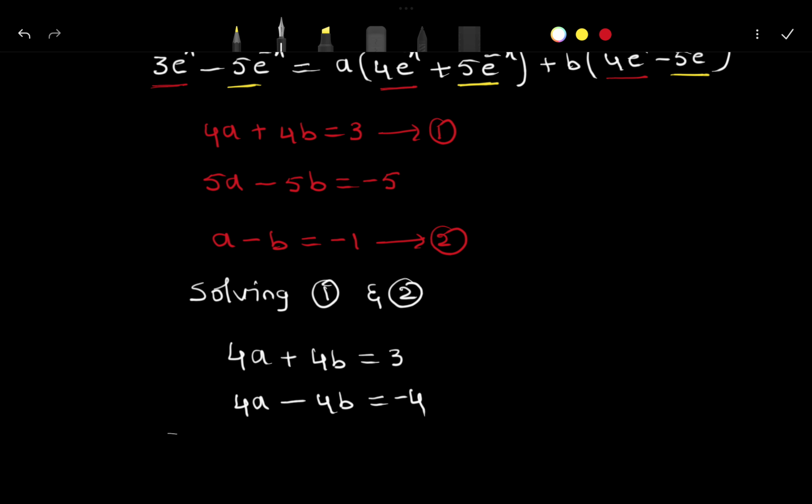Now by adding these two, the +4b and −4b cancel. The result is 4a + 4a, that is 8a, equals −1.